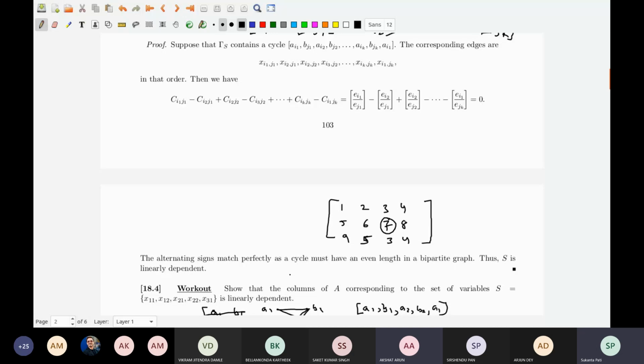There are two elementary operations I will do: one elementary row operation and one elementary column operation. It has to go to the top row, and from the third column it has to come to the first column. Elementary row operation means I multiply the matrix with something and I get the row transformation.